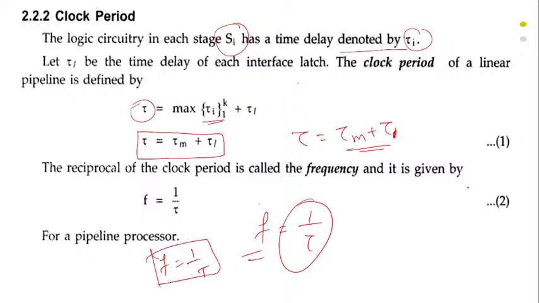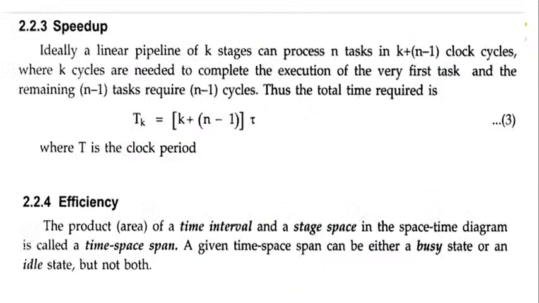In the exam, you will get gate level questions in the pipeline. They will give the time period, how much time is required, the t value they will give. So how do you calculate the speed up in a linear pipeline for k stages that can process n tasks?